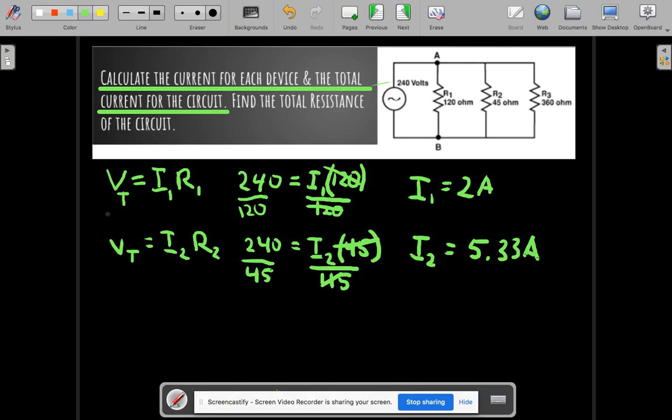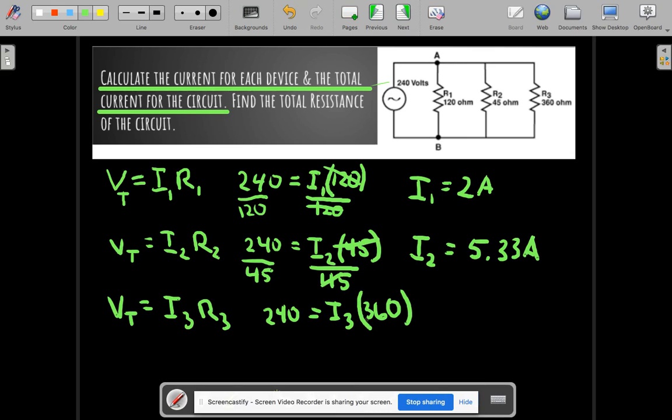Now we're going to look at the last one on here. VT equals, now R3. Oh, sorry, I meant I3. It doesn't really matter what order we put it in, but for consistency's sake, I want to make sure I put it in the same order. So we have I3 times R3. So we have 240 equals I3 times R3, which is 360.